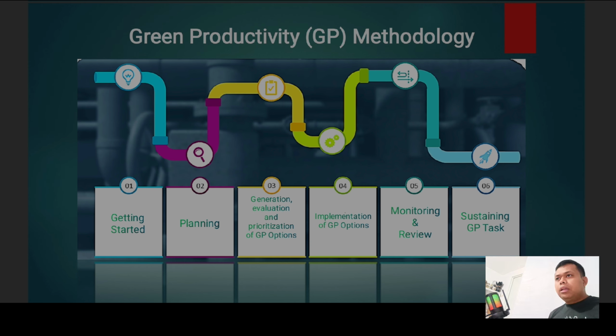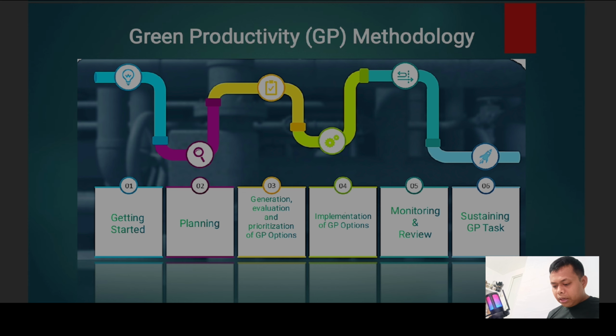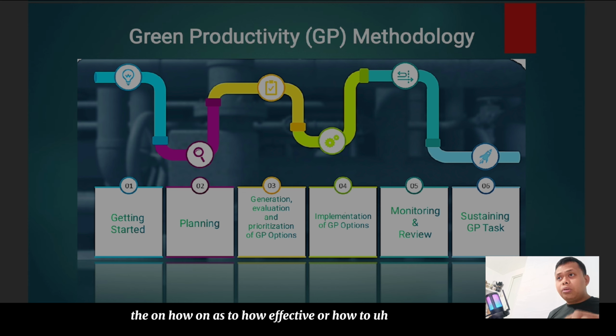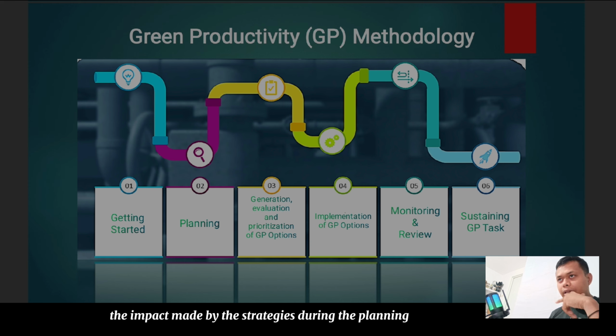The next part of the methodology is the generation, evaluation, and prioritization of GP options. This one is mainly about how to quantify the effectivity or the impact made by the strategies during the planning.